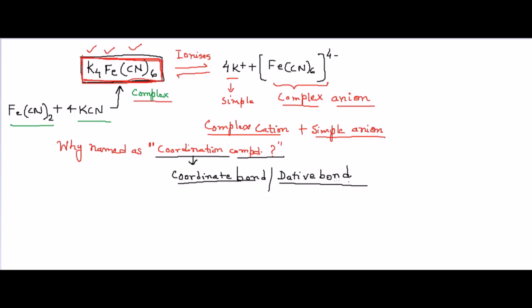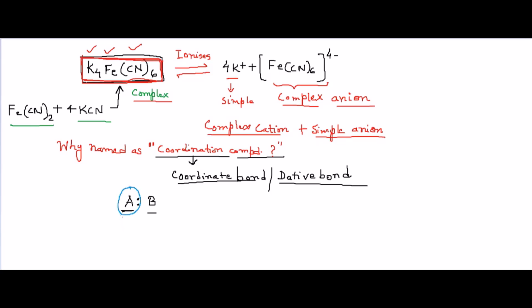It is also a kind of covalent bond, right? But in this covalent bond, the two species, like atom A and atom B, are sharing a pair of electrons. That electron pair is contributed only by one atom, and the second atom has no contribution at all.